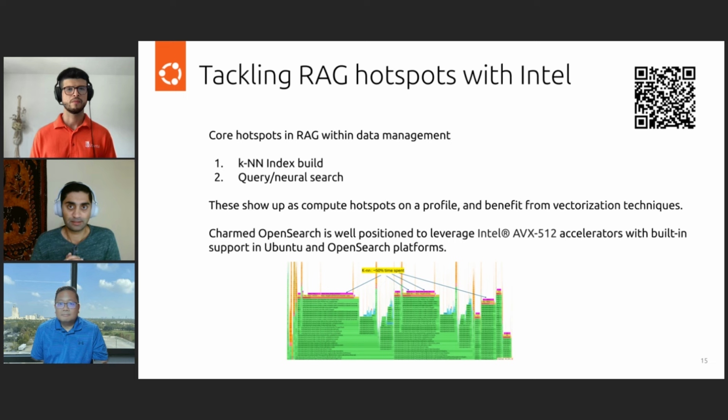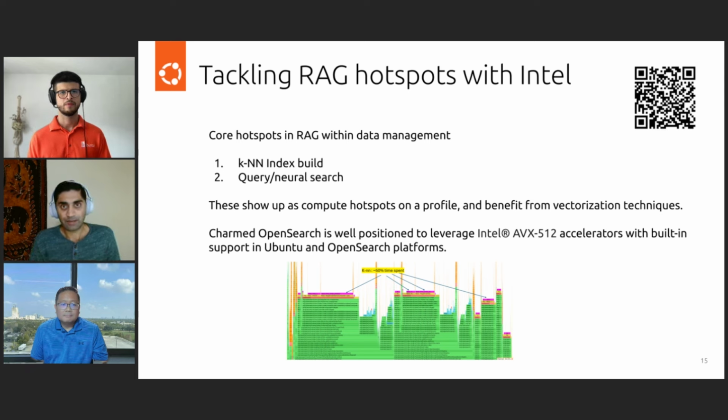In this example, this is OpenSearch. Within OpenSearch, when we analyze the stack, we observe that the bulk of the time, as you can see from the graph below, is being spent on index build, which in OpenSearch is called KNN index, and on the query of the neural search as well.